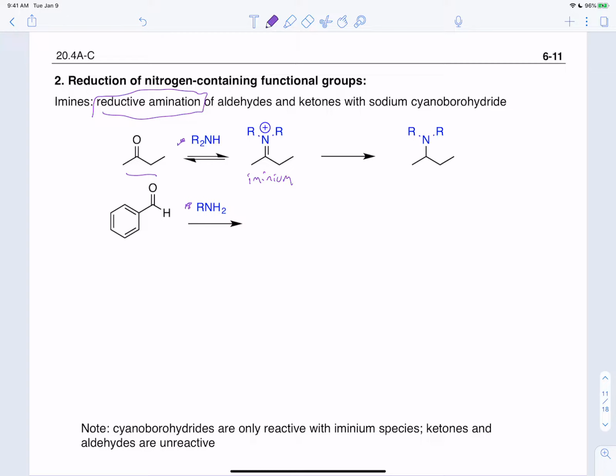Note that there's a number of other species around, but this is going to be the key electrophilic intermediate that will be useful for the reaction. In order to convert an iminium to an amine, we need to affect a reduction, right? So we need some sort of hydride to go in and attack this iminium.